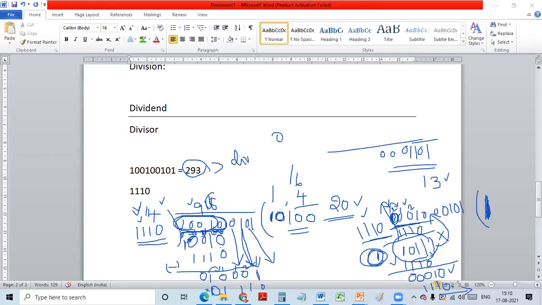Here, rather than shifting the divisor right by 1 bit, I will shift the dividend left by 1 bit and then write my divisor, so that they will be in compatible positions. While shifting, the most significant bits which already participated in the division are not required further.